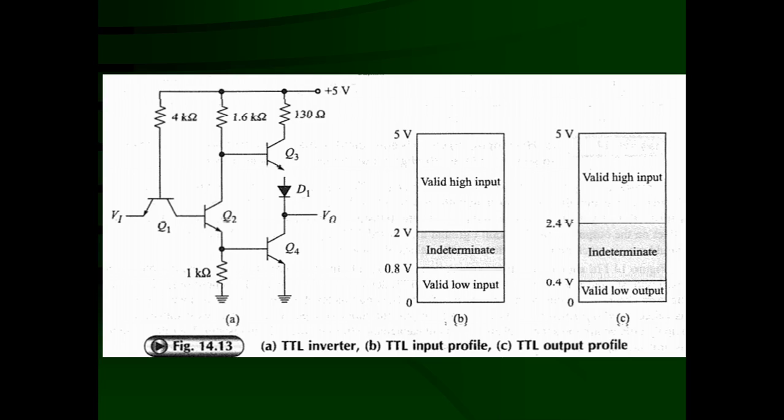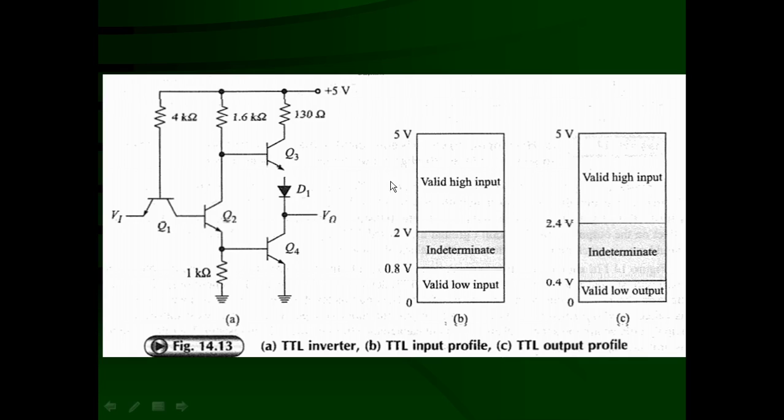Output can be high or low, we don't know. It depends upon the temperature, supply voltage and such things. So it is not guaranteed what the output will be, and hence from 0.8 volt to 2 volt it is known as an indeterminate value. Hence, you cannot determine the output. So, this is regarding the input profile.